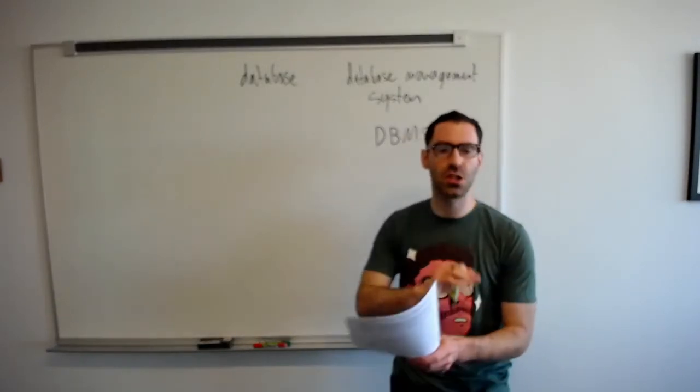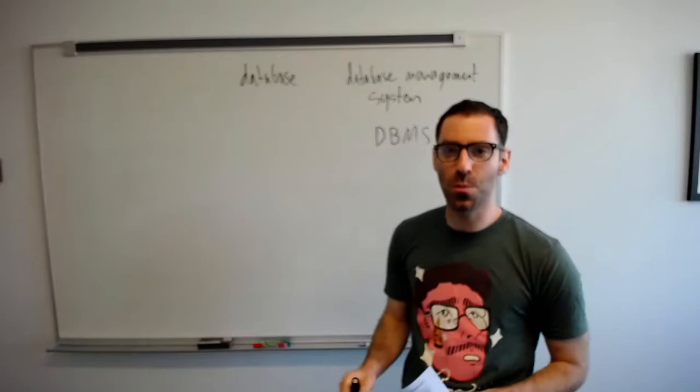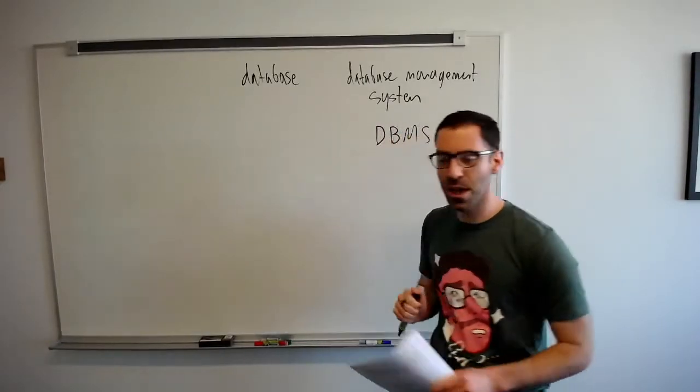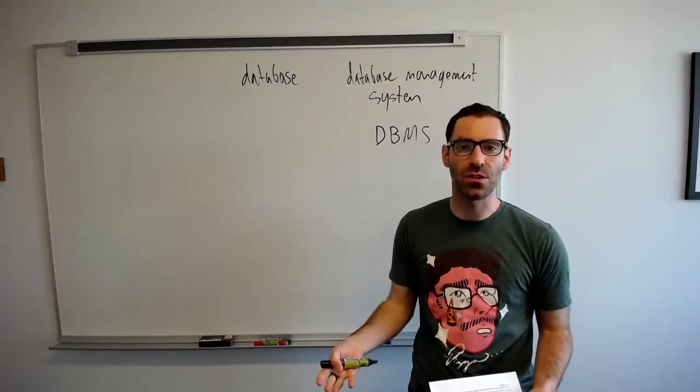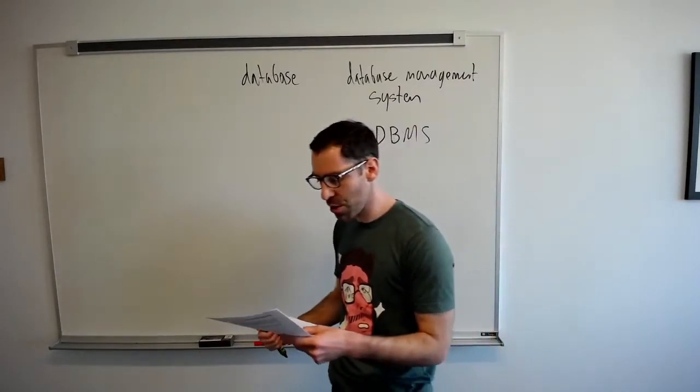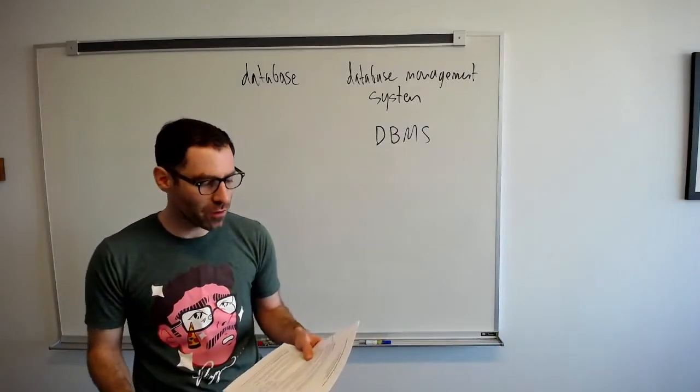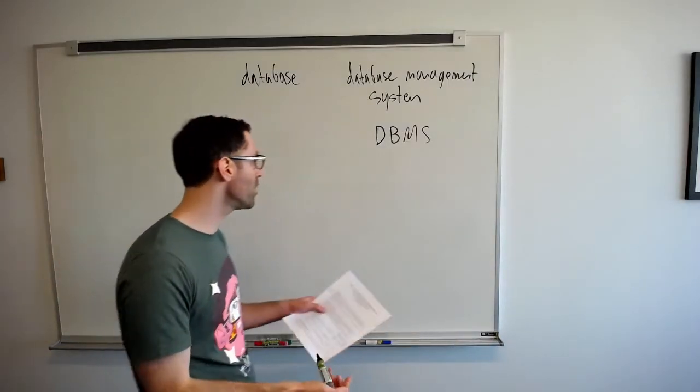We'll get into this kaleidoscope of different database management systems later. But you might just want to keep some files around. Let's say CSV files, a collection of comma-separated value files.